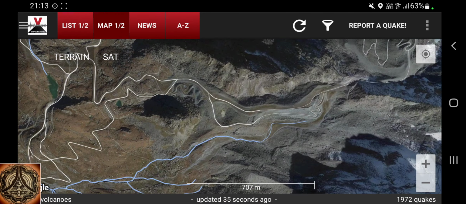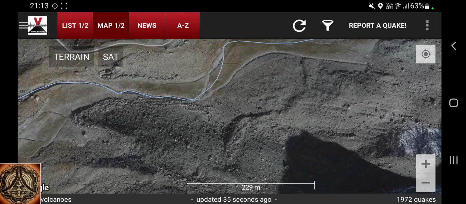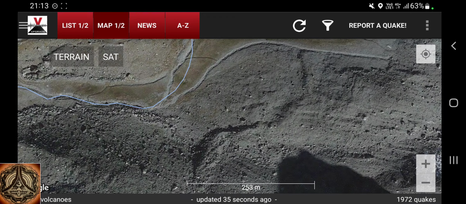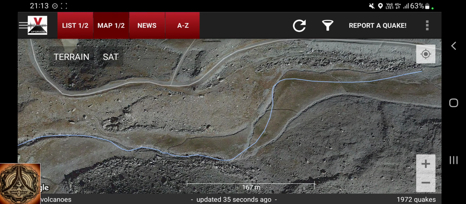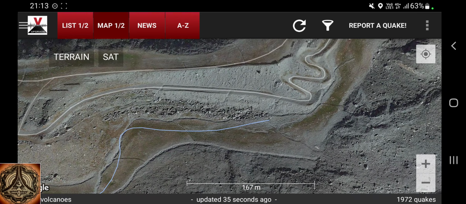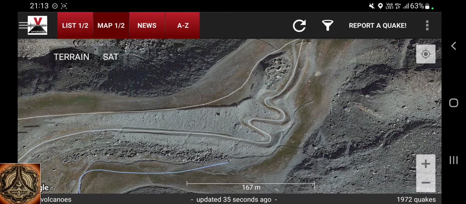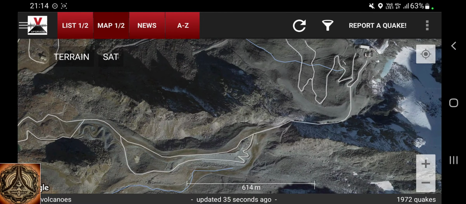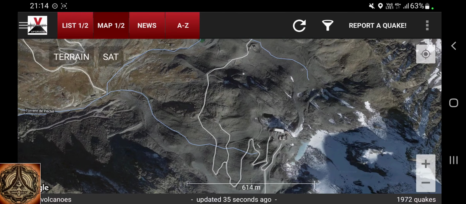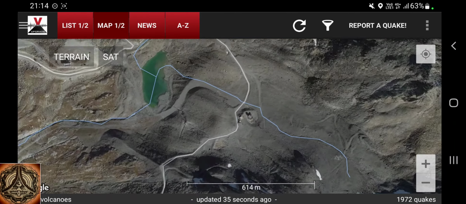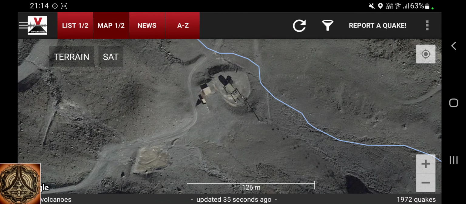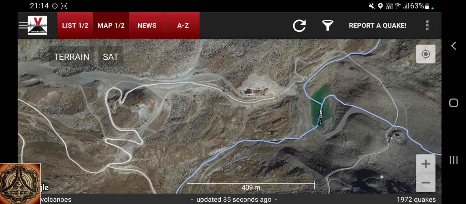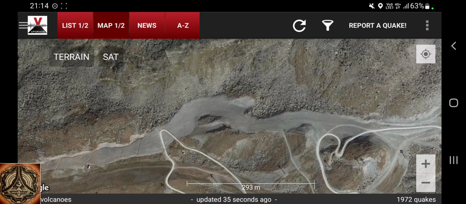Let's see, do we find anything interesting here? Yeah, not that the whole thing wouldn't be interesting enough. But here we can see some kind of sediments, different kinds of sediments, different kinds of colors. I think it's very interesting. I first thought it's some kind of crater, but it wasn't. Yeah, and this looks also really neat.